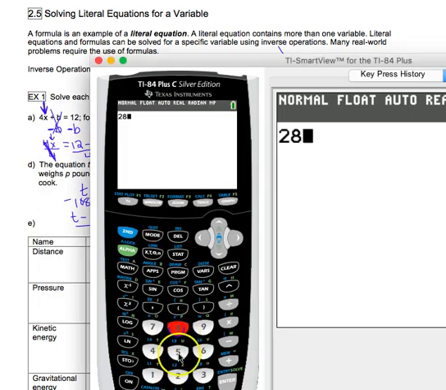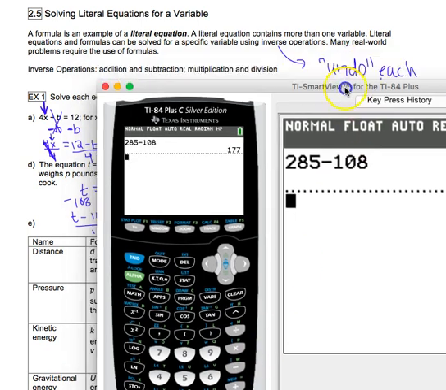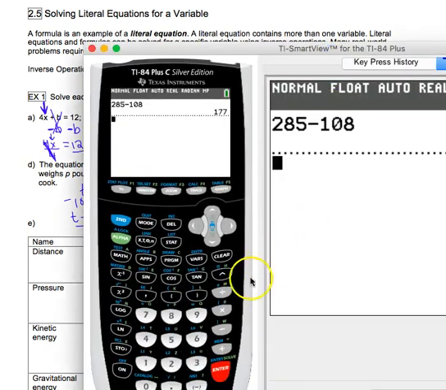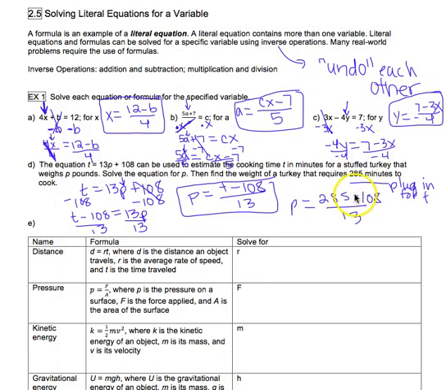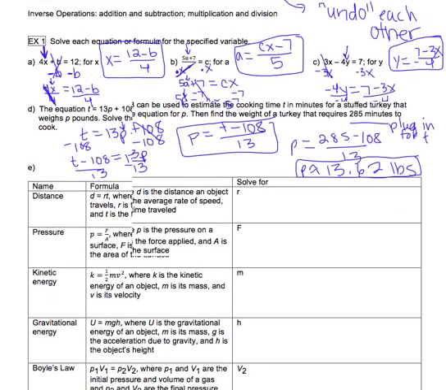Okay, so 285 minus 108, enter, and then I was dividing by 13, so divide that answer by 13. So I've got about 13.62, and it doesn't say what to round to, it just says find the weight. So it said p was in pounds, so 13.62 pounds approximately.